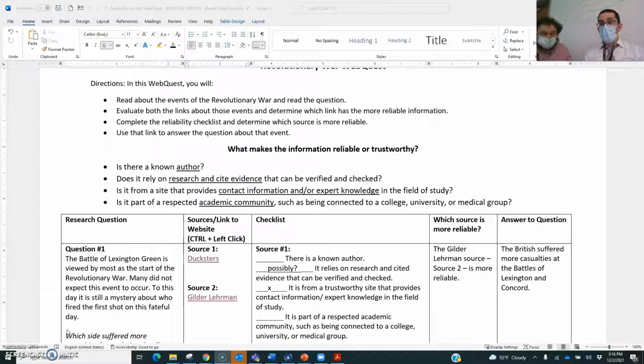And if it's from an organization like a historical society, that might also be an academic community you might trust when it comes to history. Yes.